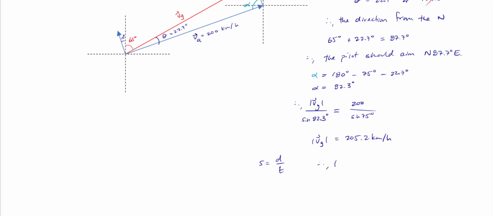So therefore, time is equal to distance over speed. So the time is 300. The airport's 300 kilometers away. The ground velocity of the plane is 205.2 kilometers per hour.